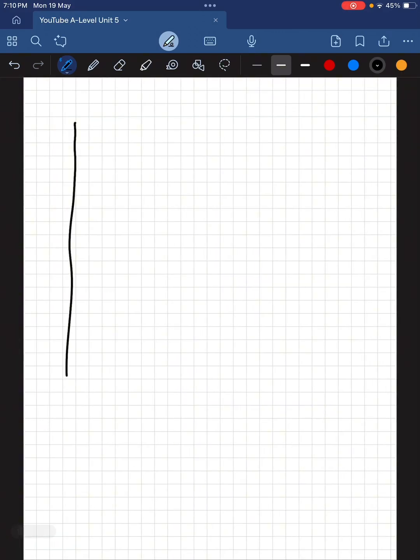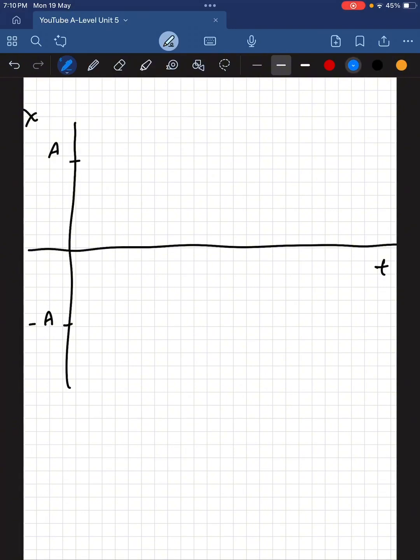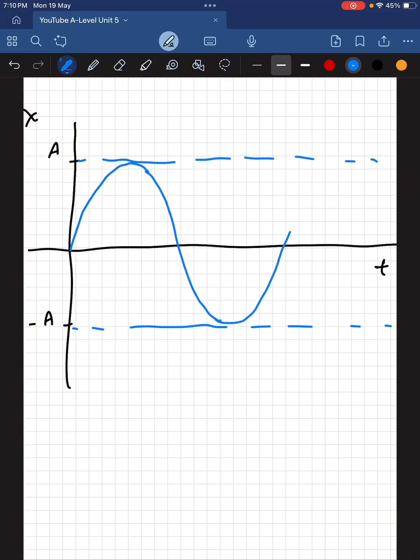Let me use a clean page maybe. So if we plot x with respect to time for this type of oscillation, and this is the maximum amplitude, A and minus A, so I'm gonna use blue to plot the actual oscillation. So the actual oscillation looks like this.